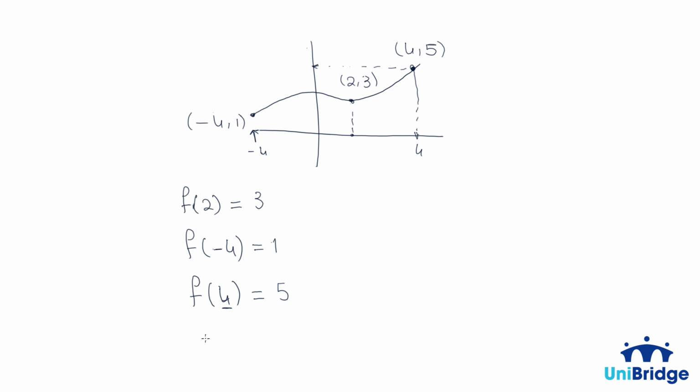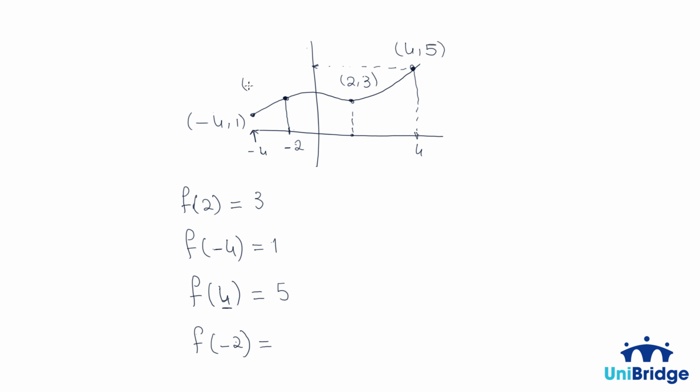And let's take another example. What if you want to find f of -2? So this means what's the value of y when x is equal to -2? If you have the graph, you go to the graph when x is equal to -2. So here this is -2. You go up till you reach the graph and you want to read the coordinates of this point.